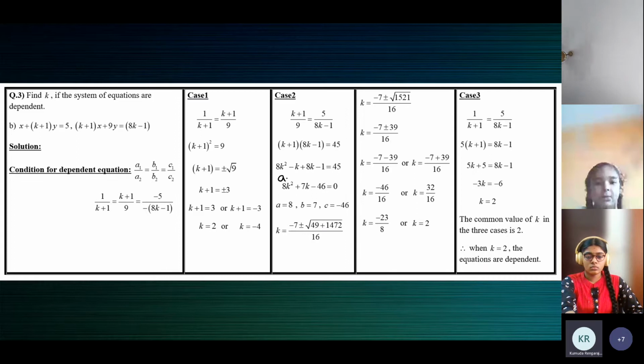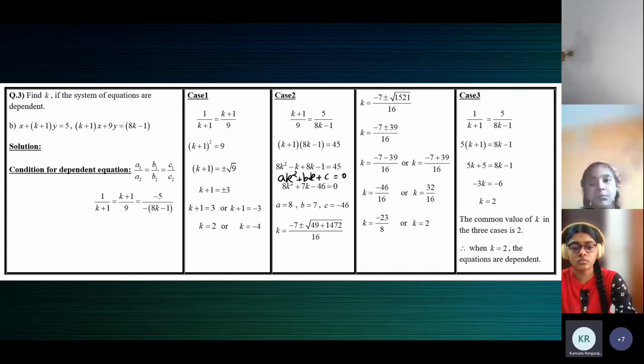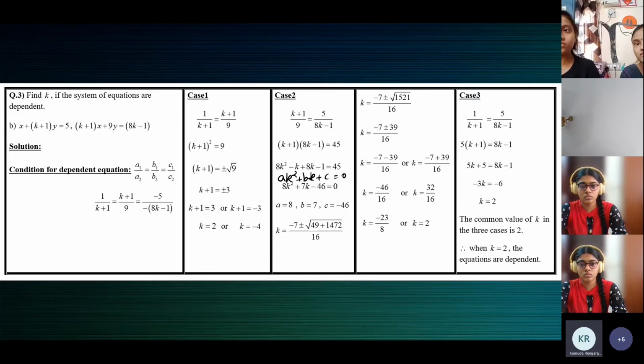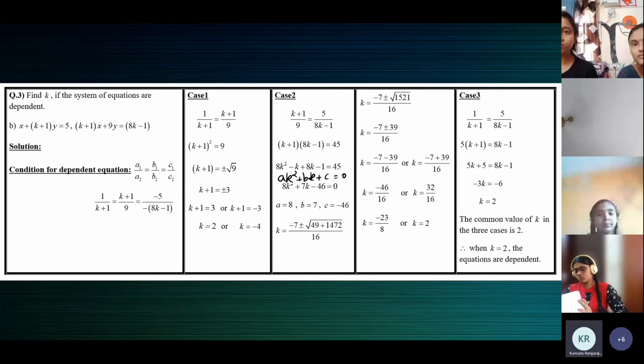Compare this with ak squared plus bk plus c is equal to 0. Why am I writing ak squared? Because the variable is k, like ax squared plus bx plus c is equal to 0.